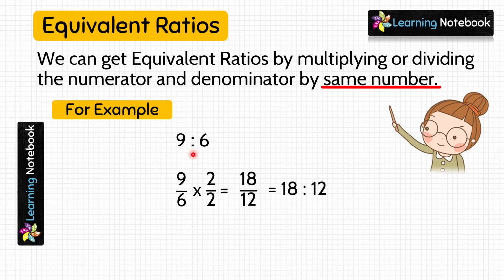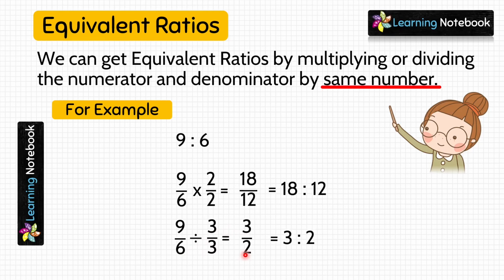Now let's find the second equivalent ratio by dividing this time. So let's divide both numerator and denominator by 3. So 9 divided by 3 equals 3 and 6 divided by 3 equals 2.